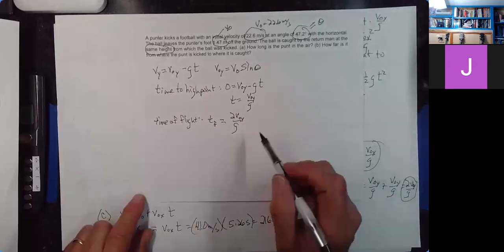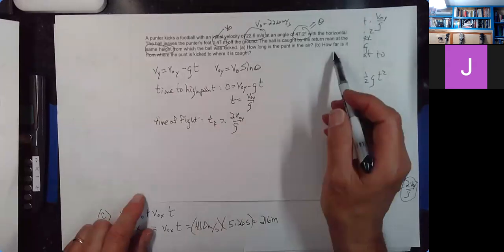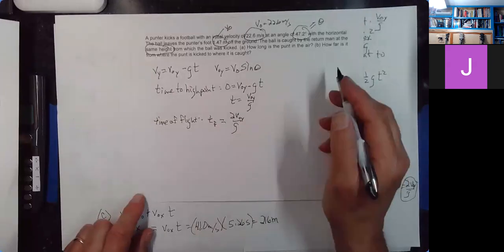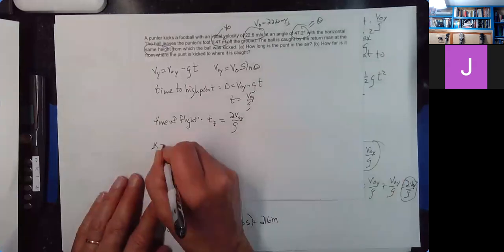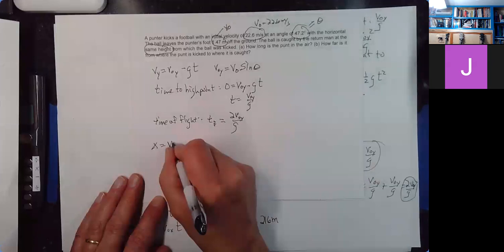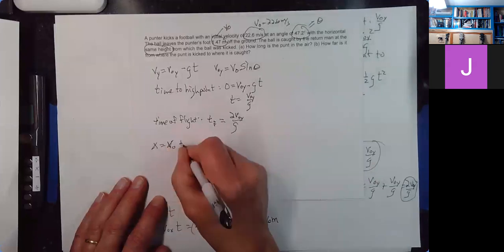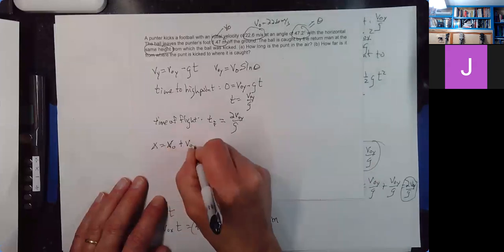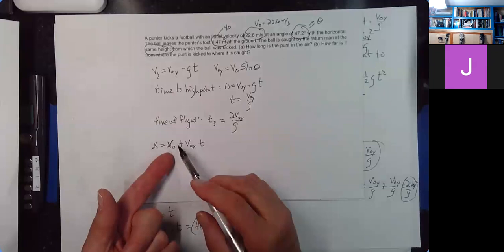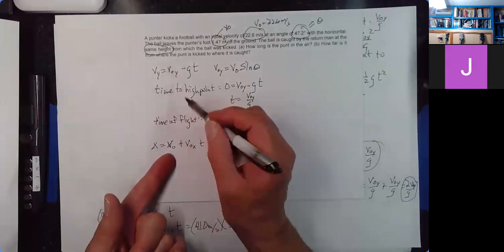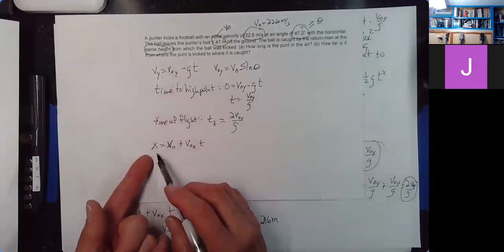And how can I answer question B from that? Well, that's how far. That's the x direction. X is equal to x naught plus V naught x t. You can call x naught 0 in this problem if you want to. That's where the punt is kicked from, and then x would be to where it's caught.